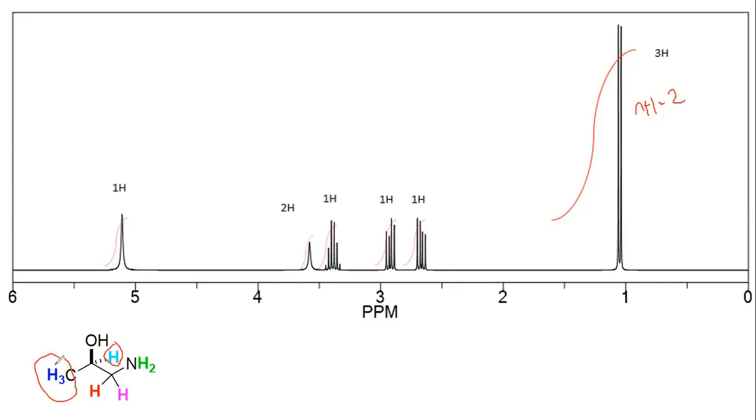On this side, if you change any one of these hydrogens to a different atom, this still won't be a chiral center because you'll still have two groups that are the same. Right, you'll still have 2 hydrogens, and in order for something to be chiral, you have to have 4 different substituents. So a carbon like this would definitely become a chiral center if I took off this H and put a chlorine there, or a bromine, or some other atom.